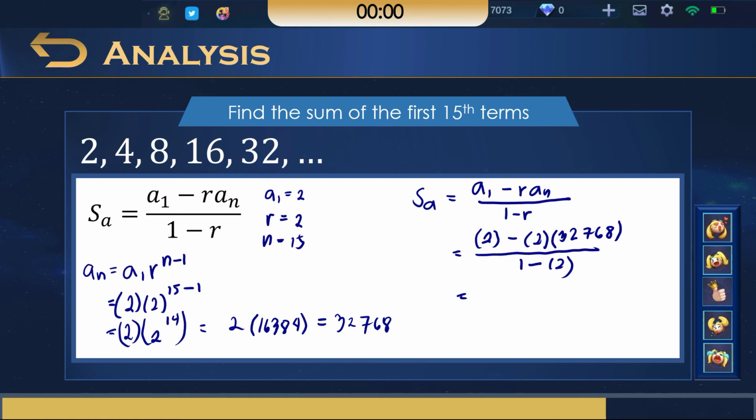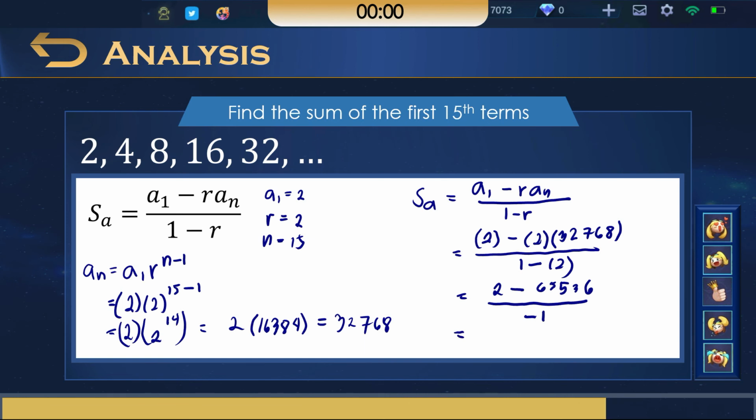Let us simplify. We have now 2 times 32,768, which is equivalent to 65,536. So we have 2 minus 65,536 all over 1 minus 2, which is negative 1.